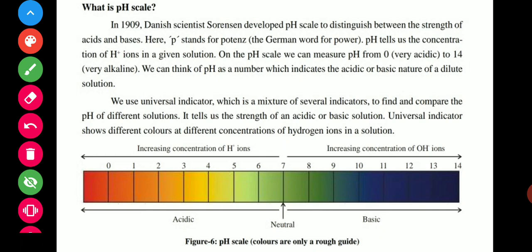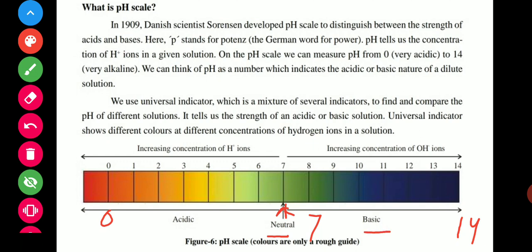Now come to this pH scale. Our scientist, Mr. Sorensen, discovered this scale, and it starts from 0 to 14, and the middle is 7, which is neutral.